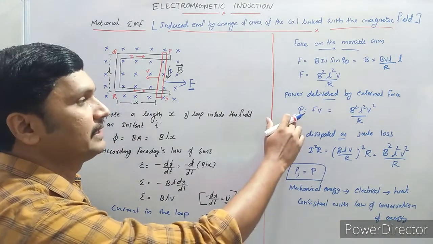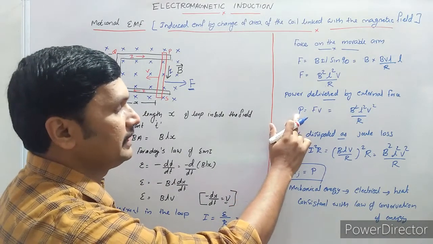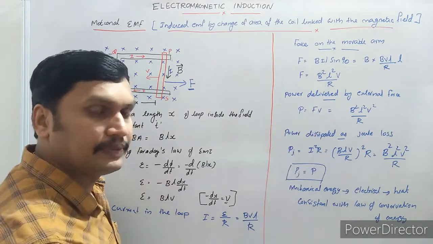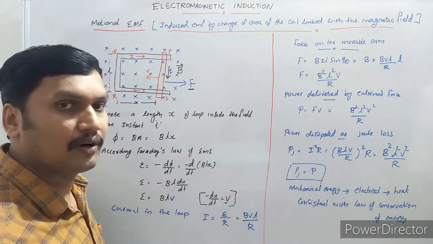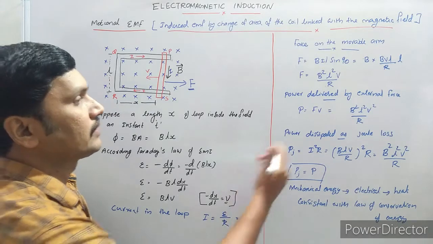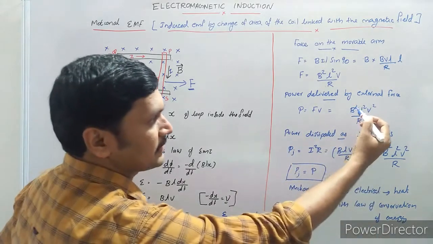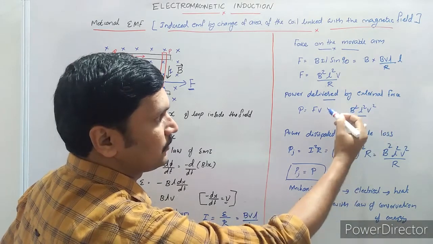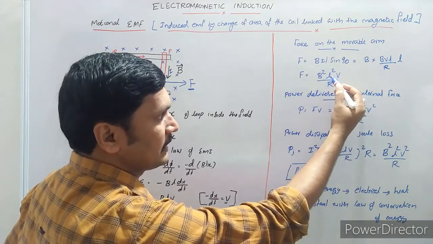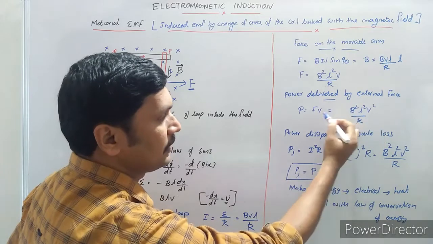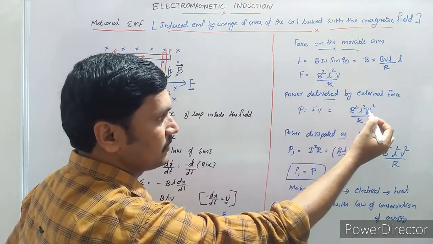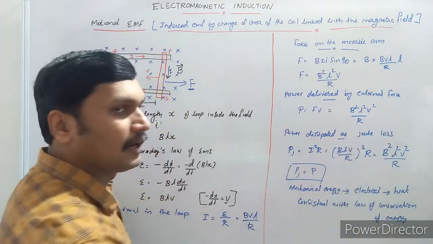Power delivered by the external force can be written as P is equal to F dot V. So here the power is equal to F into V, where F is equal to B square L square V divided by R, into V. So B square L square V square divided by R.